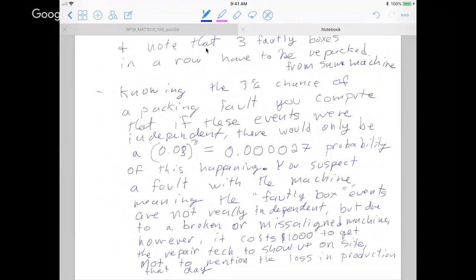Just double check that calculation. It just seems ridiculous. No, 2.7 times 10 to the negative fifth. Boom. So it happened 27 times out of a million. Okay, not bad. So that's really low. So you suspect the machine's faulty.